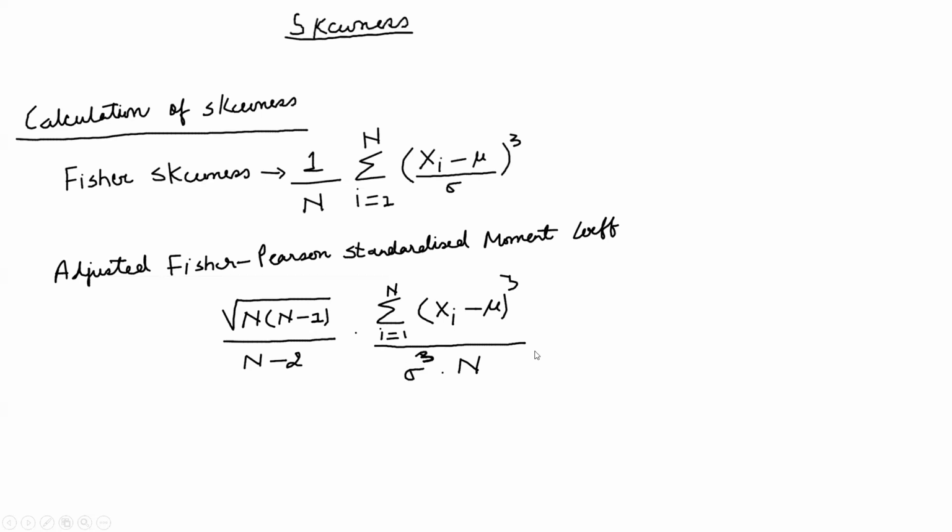So this is how we calculate the adjusted Fisher-Pearson moment coefficient. This is a more adjusted and more accurate measure of skewness, and it's very useful when you are dealing with small samples. It adjusts Fisher skewness to provide unbiased estimates for smaller data sets.